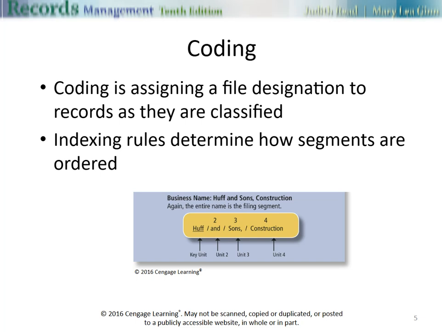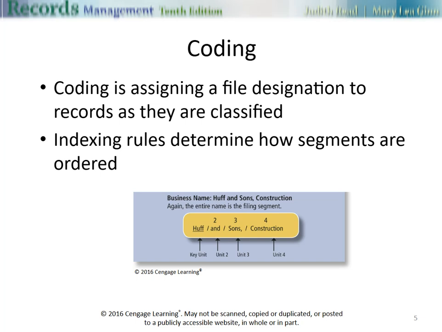So coding means assigning a label or a file designation. So that could be typing the name on a folder or maybe tagging it in a digital system if we were working with digital records. And the coding step just helps ensure that the same rules we use to index are also applied to how we physically store and retrieve that record.